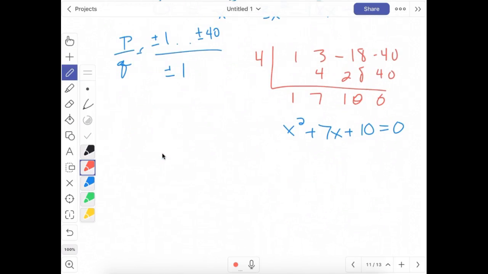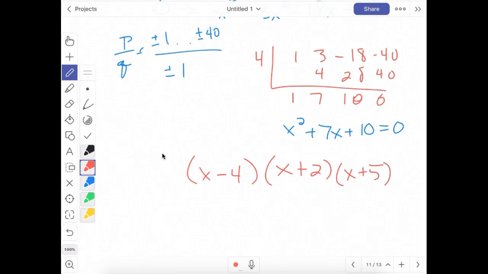Almost done. So that would be x plus 2, x plus 5, and what we had before, x minus 4.